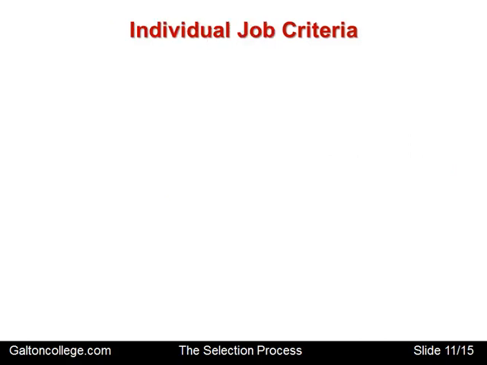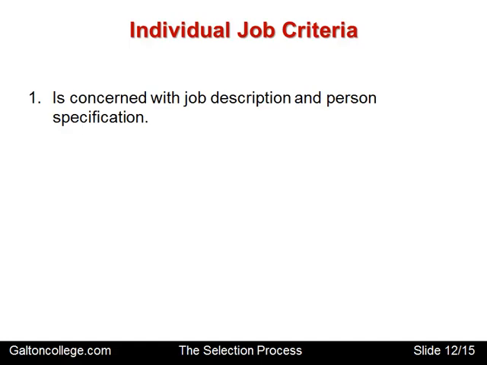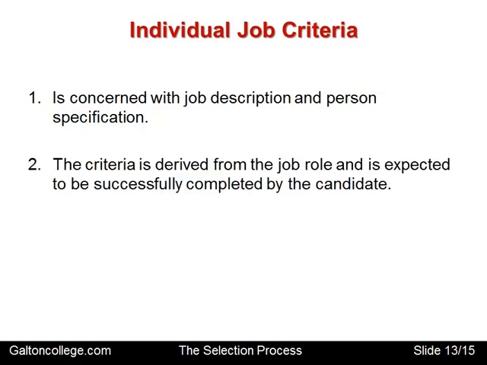Then there's the individual job criteria. This is concerned with job description and person specification. The criteria is derived from the job role and is expected to be successfully completed by the candidate.